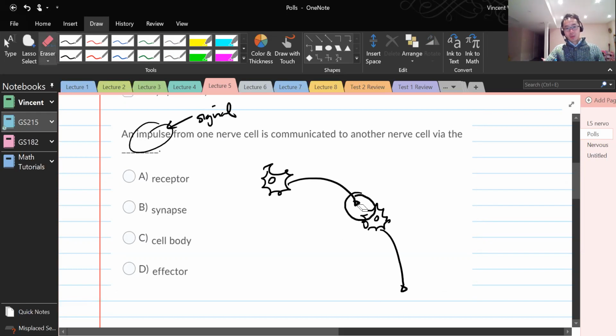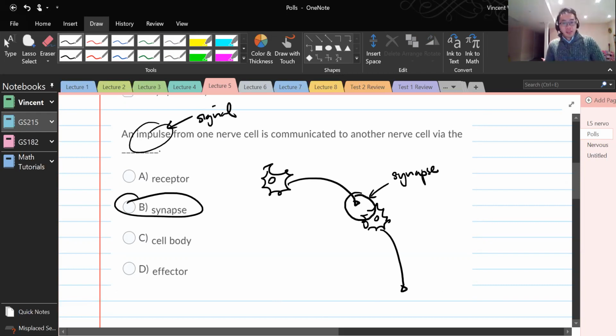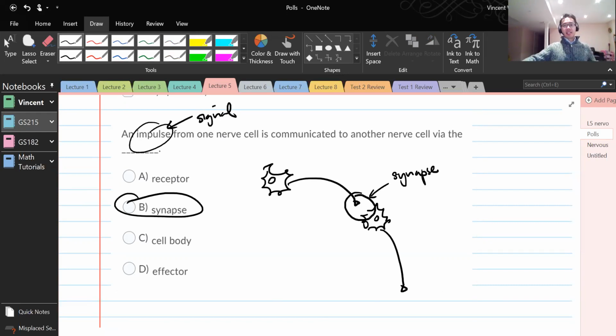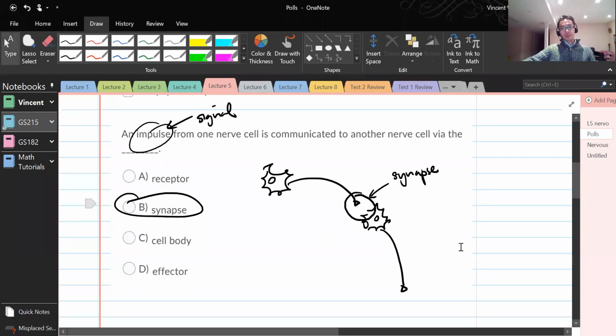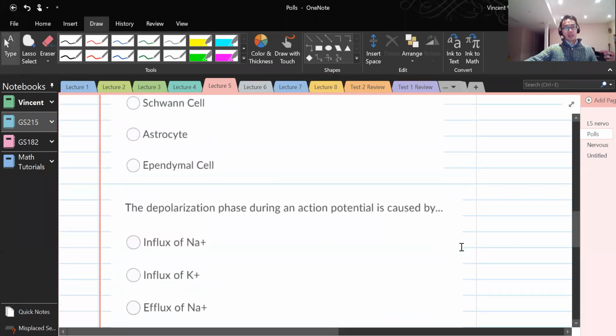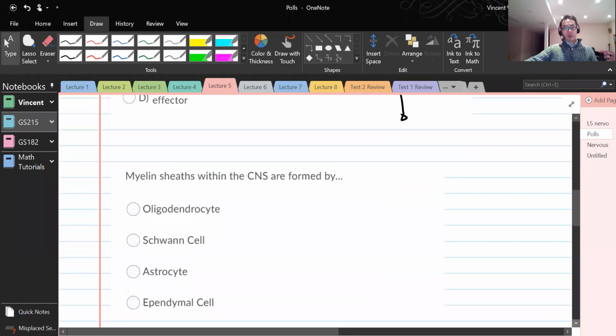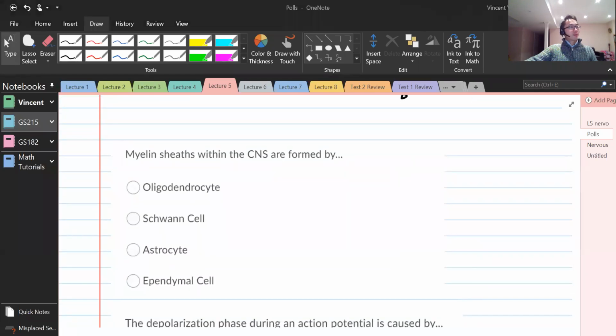Where they are going to be passing the signal, that is called a synapse. So that's the answer. More on synaptic connections later. Okay, I wrote this down, see if you remember. If you don't, hopefully you know where to find the answer.